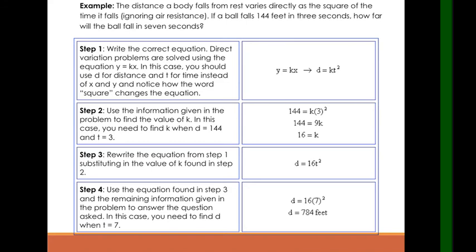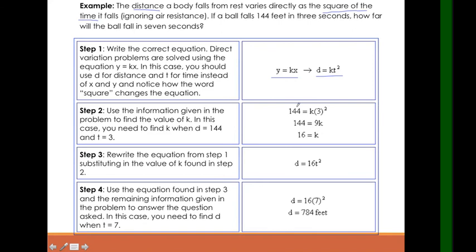Meron tayong nakitang square kanina, so gagamit ulit tayo ng square. Ang ating original na equation ay y is equal to kx, pero let's say that we will use d for the distance and t for the time. Yung time daw, square of the time. So nagiging d is equal to kt squared.